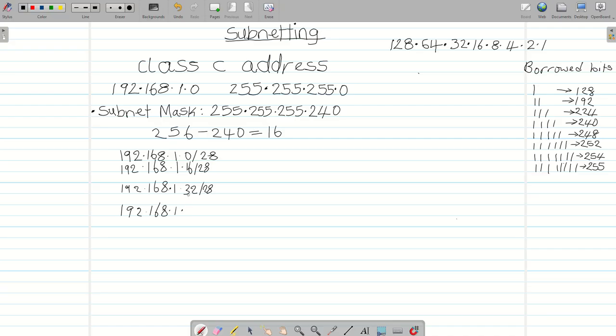If we add 16 here, we'll have 48. Then 192.168.1, and we add 16 here, you have 64.